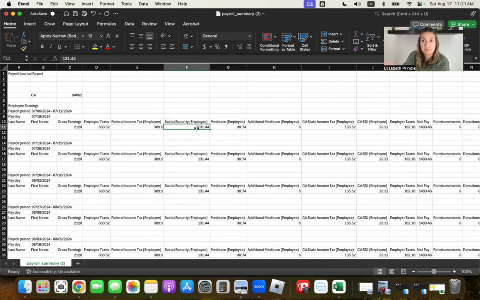It is split roughly 7% plus by the employee and 7% plus by the employer. They combine it here, but essentially, 162.18 is the total of the two employee portions of Social Security and Medicare.